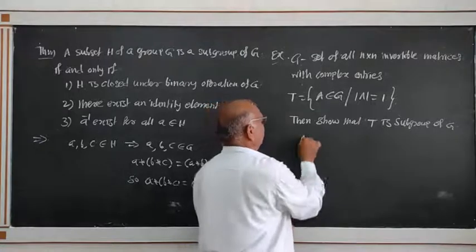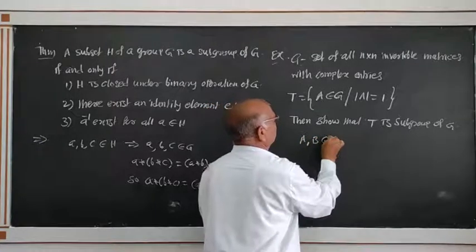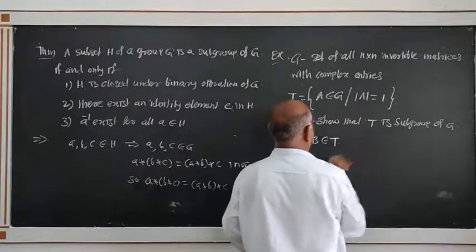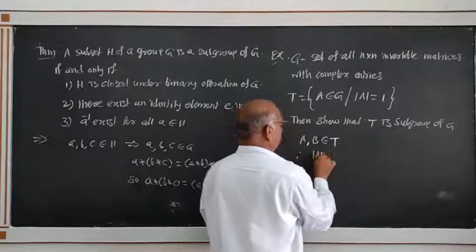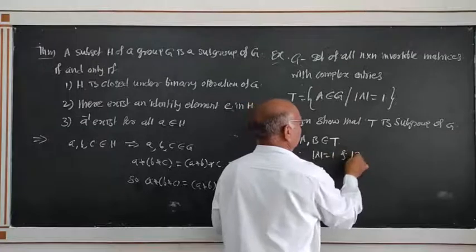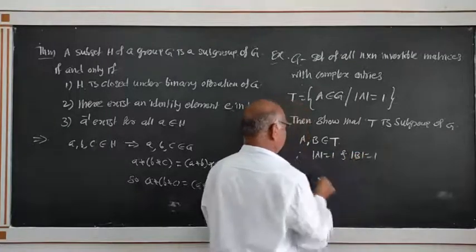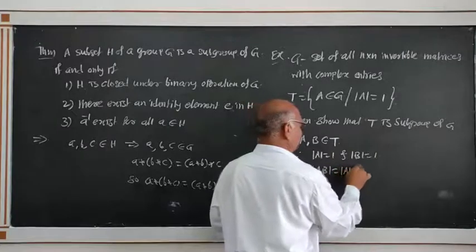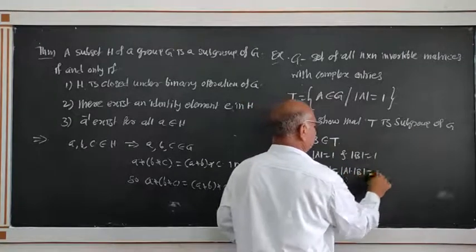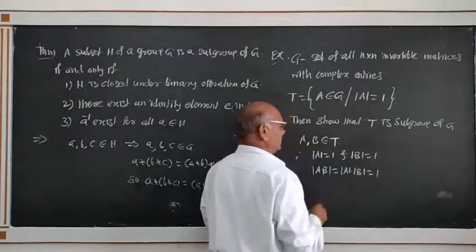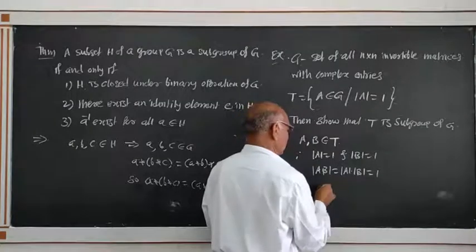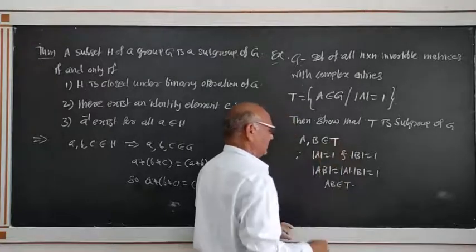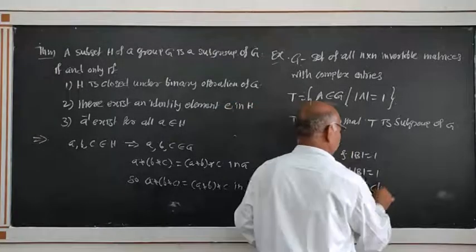Here A, B belong to T. Therefore, determinant of A is equal to 1 and determinant of B is equal to 1. Determinant of AB is equal to determinant of A into determinant of B, which is 1. So AB belongs to T. Closure property satisfied.